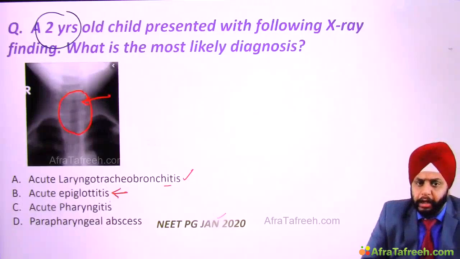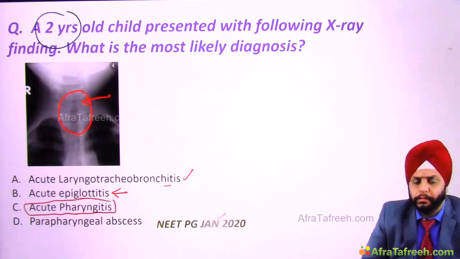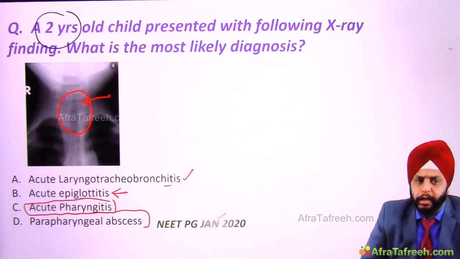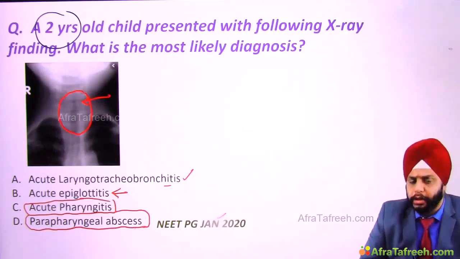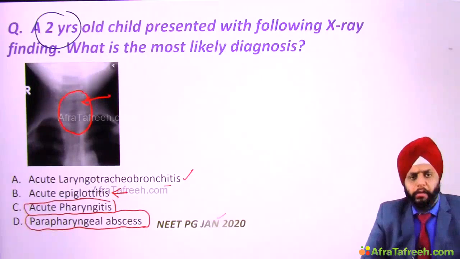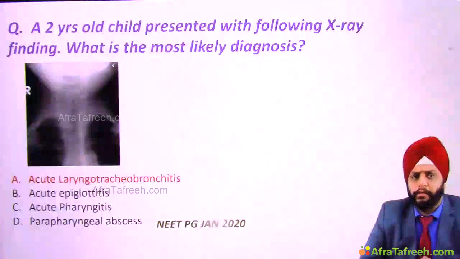Acute pharyngitis is a clinical diagnosis. You don't do any x-ray for that. Now, parapharyngeal space abscess, once again, it's a clinical diagnosis, or maybe you can do a CT scan to diagnose it, but you don't do x-ray. You don't diagnose parapharyngeal space abscess on an x-ray. Right? Okay. So the answer to this question was, of course, acute laryngotracheobronchitis.